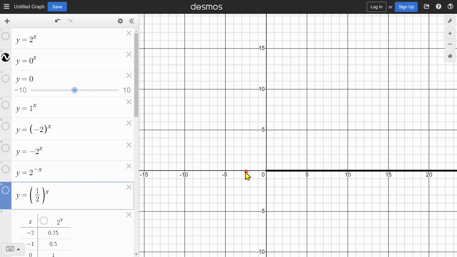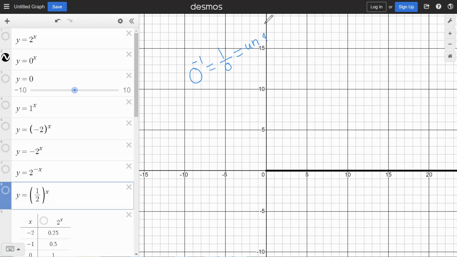And 0 to a negative number is also going to be undefined, because if I take, for example, 0 to the negative first, what I'm really doing is 1 over 0, which is undefined.